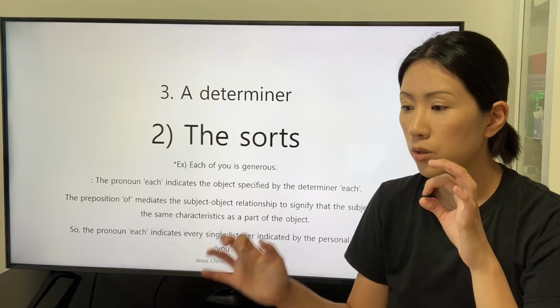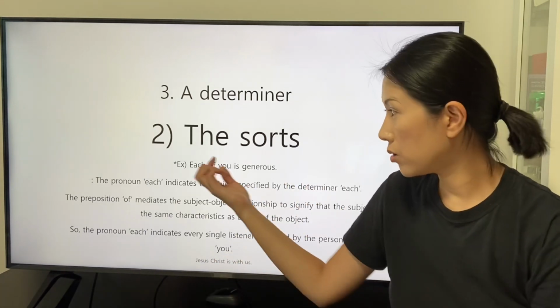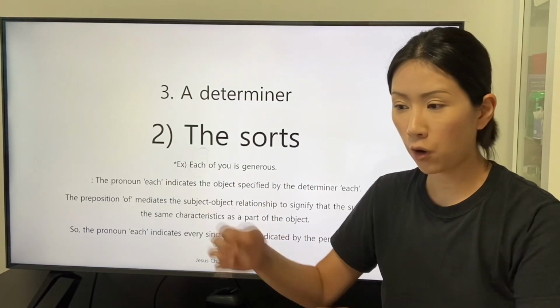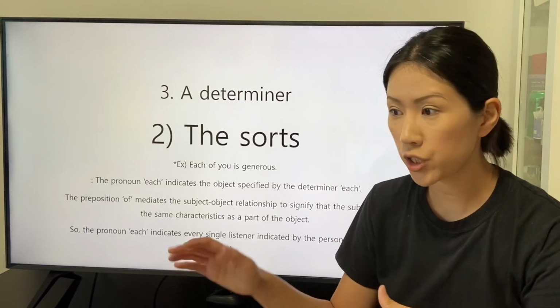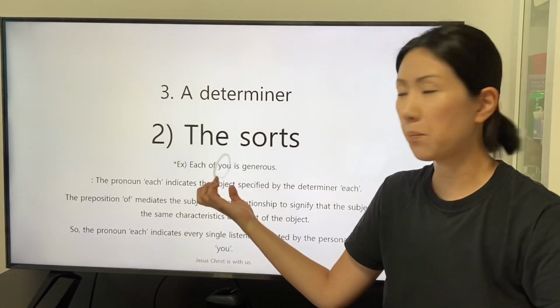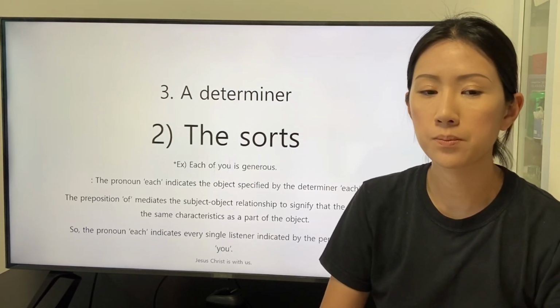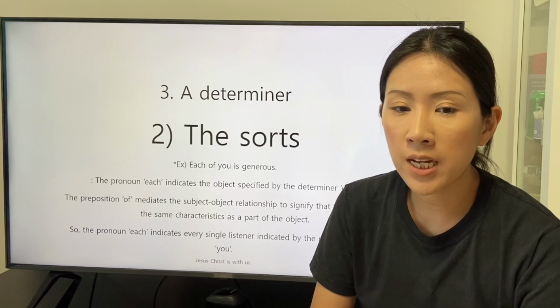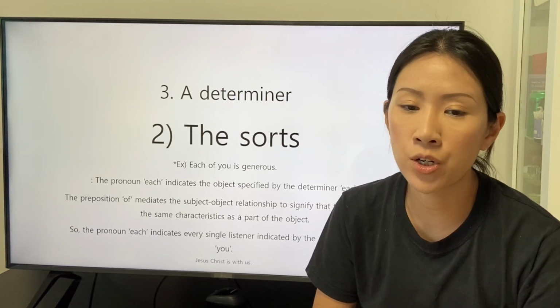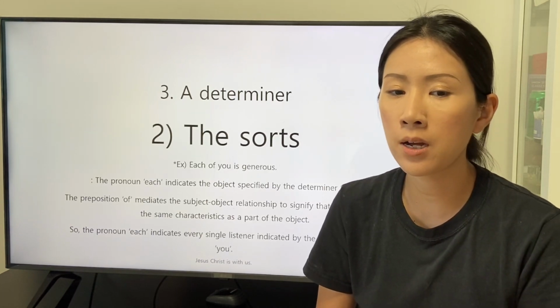So, surely, the subject of the preposition of has the trait shared by the object of the preposition of. So the pronoun each indicates every single listener indicated by the personal pronoun you.